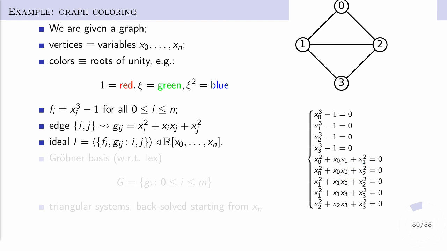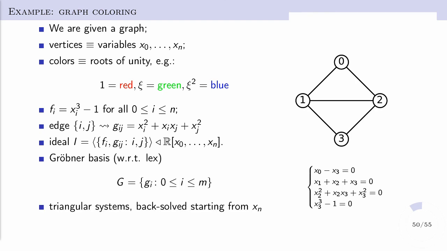Now we have a system of polynomial equations and we use Grobner basis and the elimination theorem. We compute the Grobner basis with respect to the Lex order, and the elimination theorem says that the result is a triangular system. Indeed it is. Here we have one equation which depends on x3 alone.